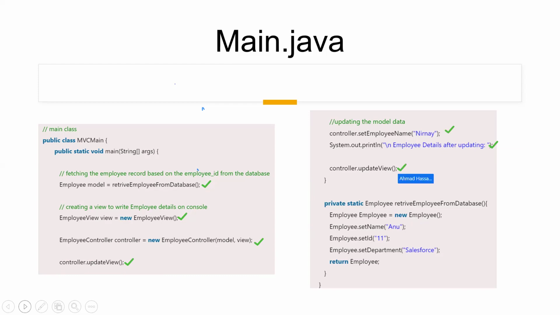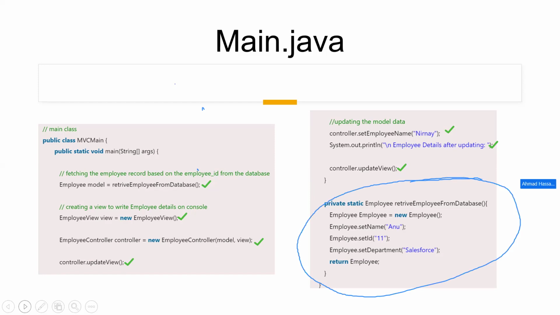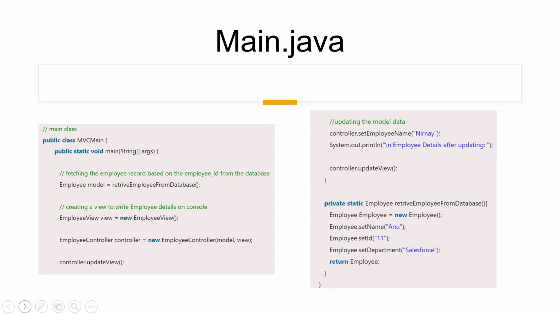This updating view will be responsible for showing the most recent data of our employee. And then we are presenting the static view of the employee database. This is our database, and these things will be stored in our database, which will then communicate with the control layer and then with the view layer.